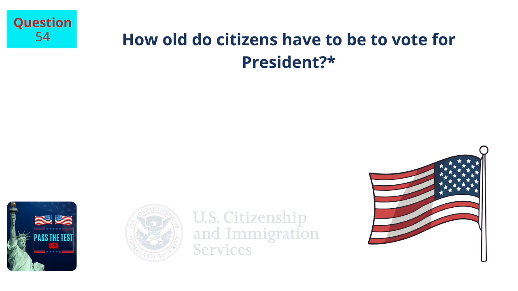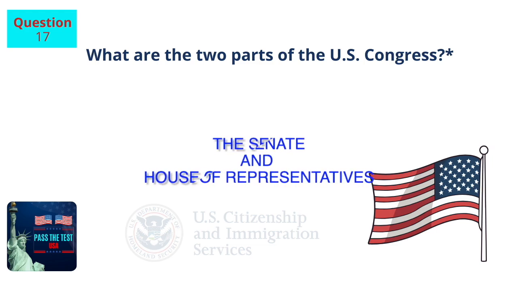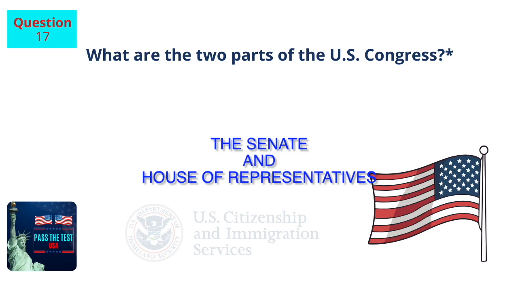How old do citizens have to be to vote for president? 18 and older. What are the two parts of the U.S. Congress? The Senate and House of Representatives.